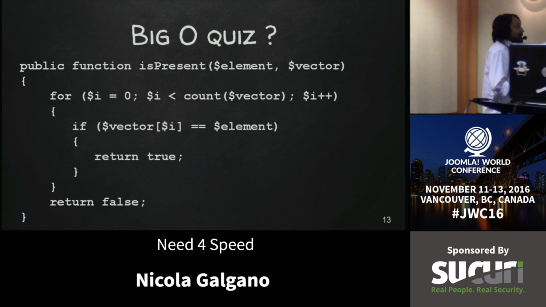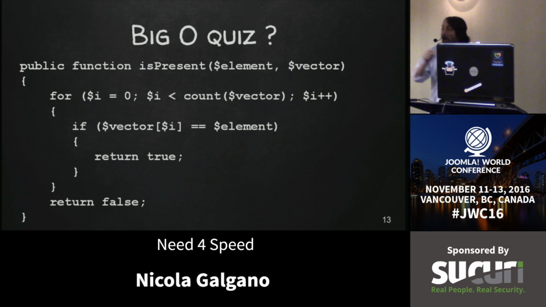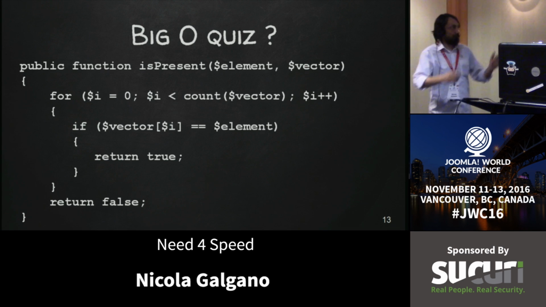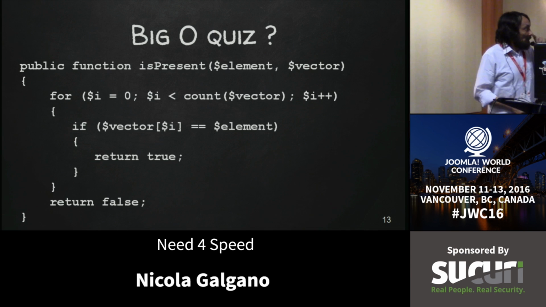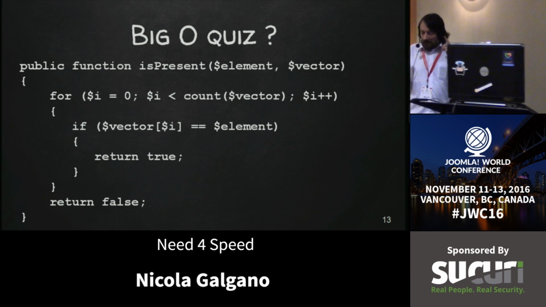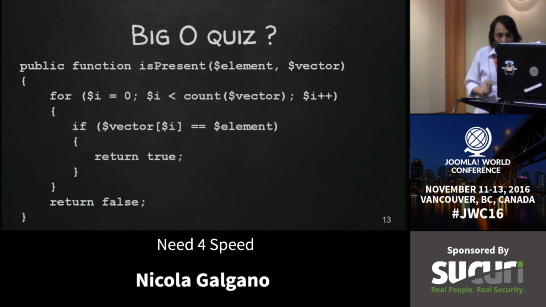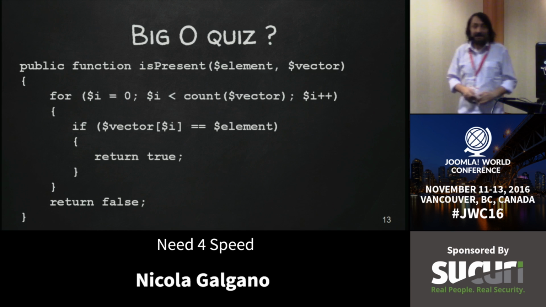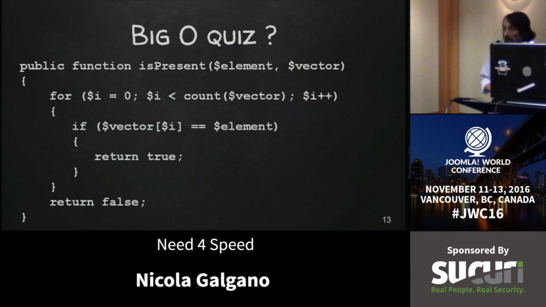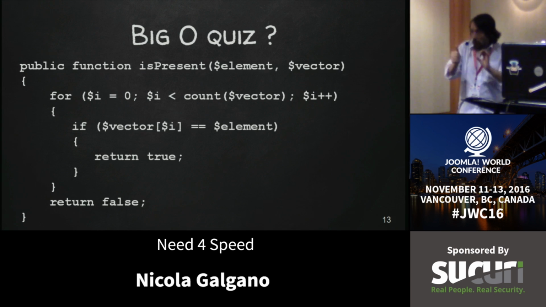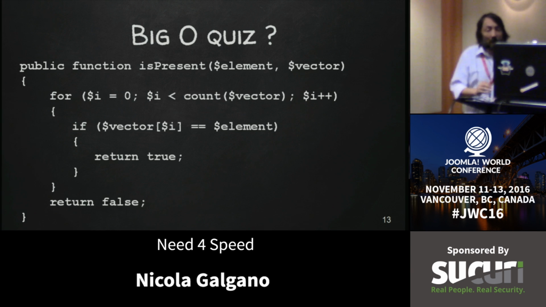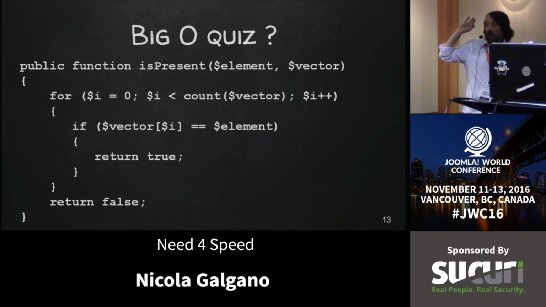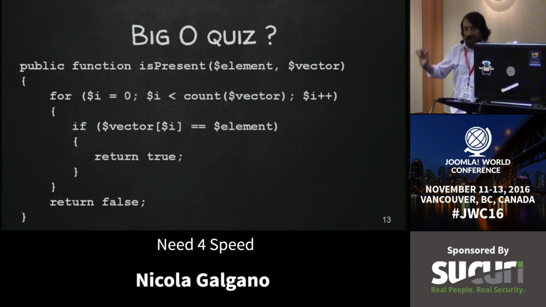In this case, the cost of this performance is O(n), where n is the number of elements of the array. But the thing I want you to pay attention to: if the element you are looking for is in the first position, your cost is O(1). So the big O notation tells you, in the worst scenario, the cost of this kind of algorithm, of an operation, of a task.